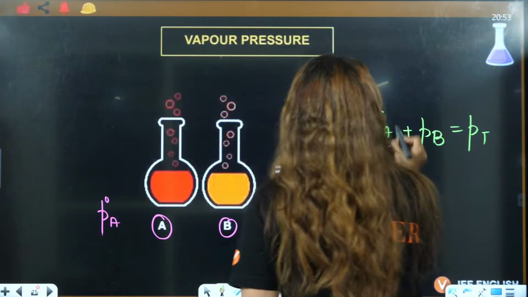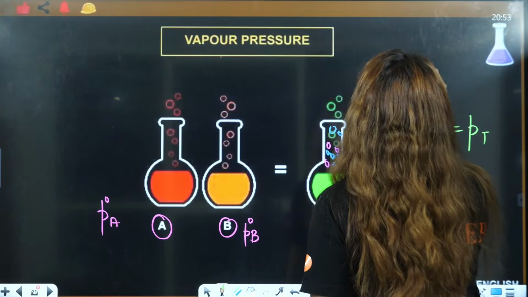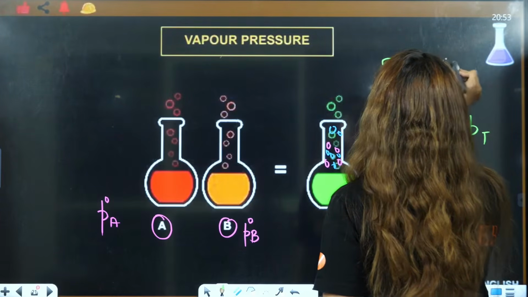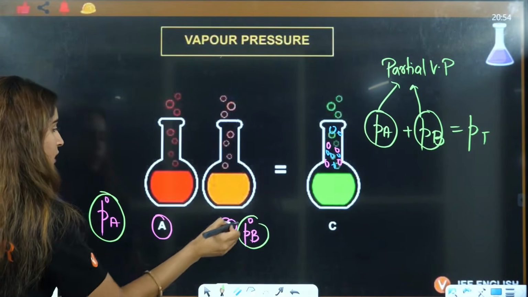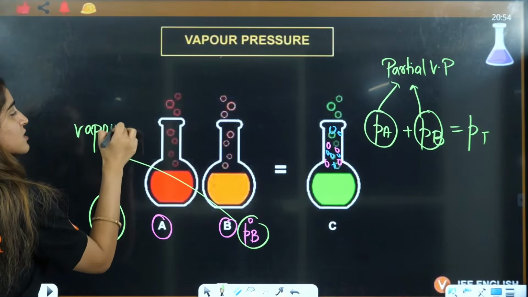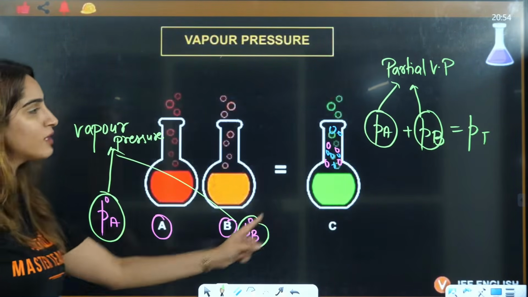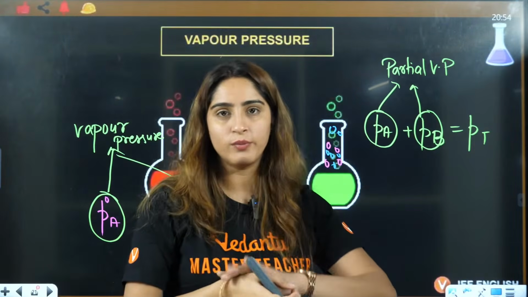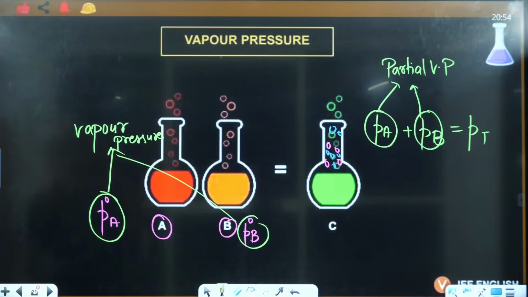Okay, this and this are the partial vapor pressures, right? But this and this, they are called the vapor pressure, just the vapor pressure. Okay, this is denoted by naught, this is not denoted by naught. My God, I just got a current. Okay, that is clear to everybody or not?